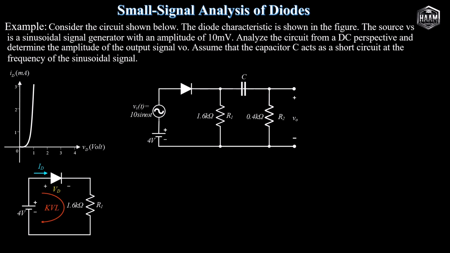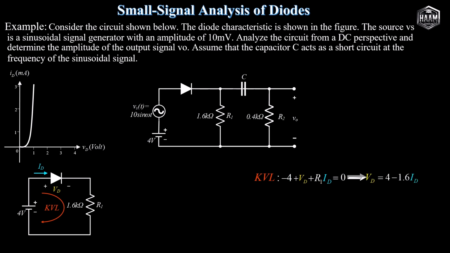Applying KVL around the loop, -4 plus V sub D plus 1.6 kilo ohms times I sub D equals 0. From this loop equation, we express V sub D. This defines a linear DC load line.